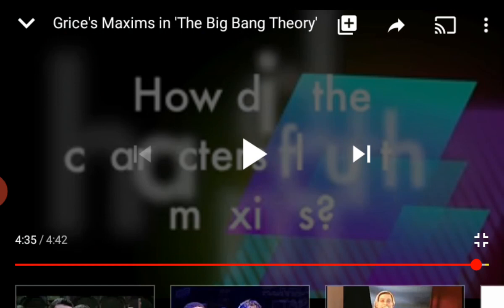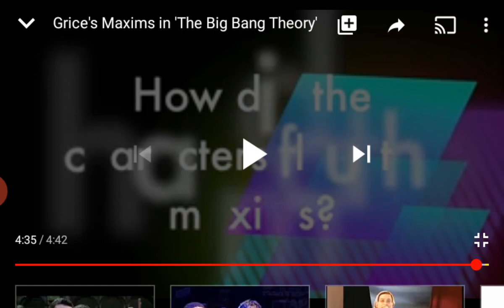Okay, very good. As you can see here, the maxim of manner is being violated because of many situations. First of all, there is ambiguity. Although one of the participants does not realize he's being ambiguous, the other two do, and they take it as a double meaning.